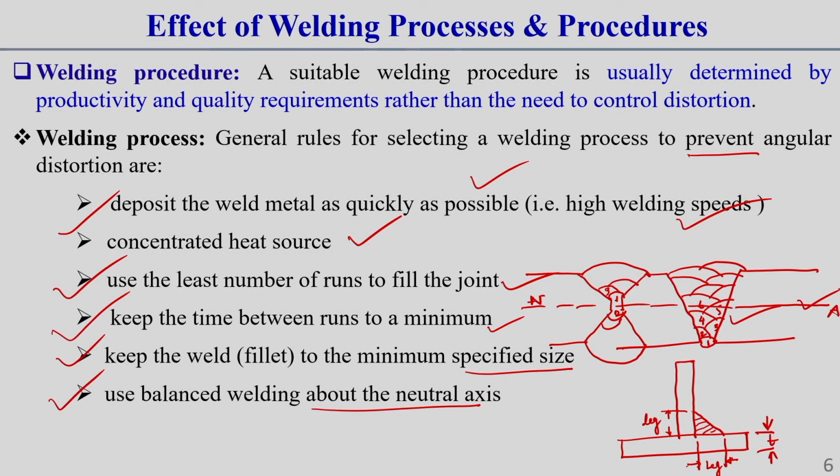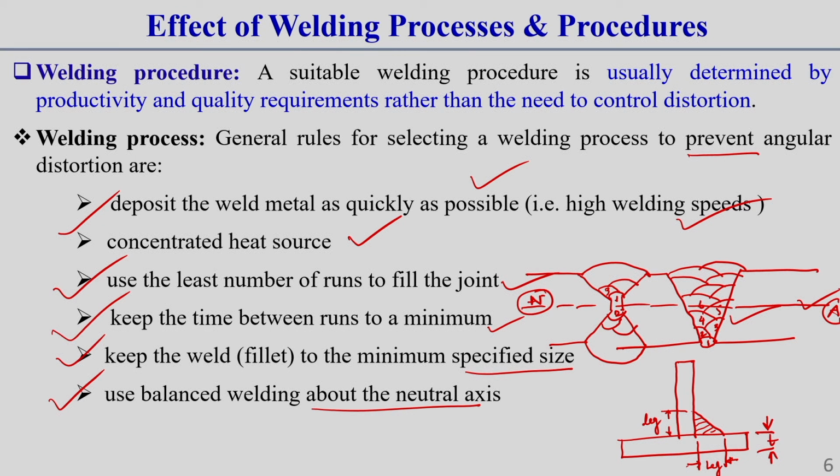So, if we do balanced welding this way, instead of single V welding, with double V welding, it is balanced about this neutral axis. So, top side and bottom side, the weld material and its sequence are also balanced.